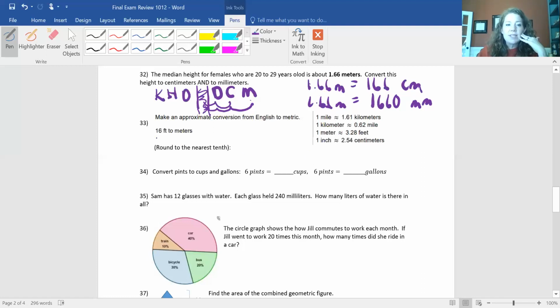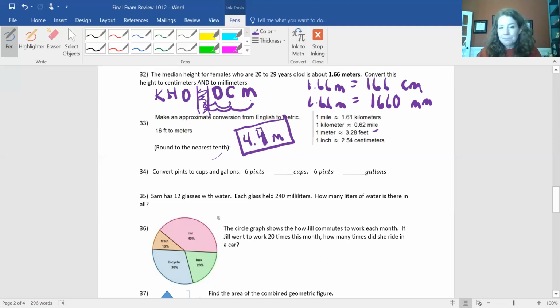So if you're going to something like feet to meters, here we go, right here. 1 meter is about 3.28 feet. So what if I had 16 feet? Well, I'm going to divide 16 by 3.28, and it says round to the 10th place, so it would give me about 4.87, which would be 4.9 meters.